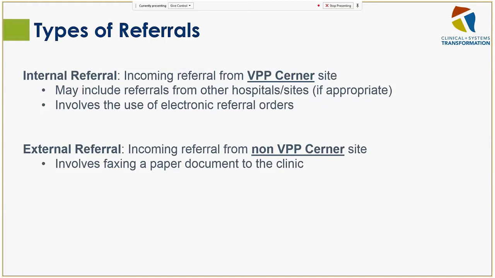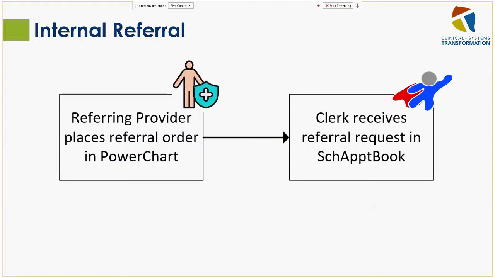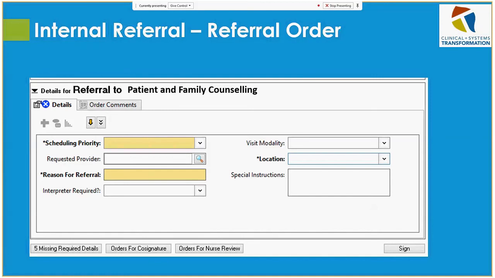So let's talk about internal referrals first. Essentially what happens is a referring provider, or I should say non-provider, places a referral order in PowerChart, and the clerk receives this referral request in Chatbook. The referral looks something like this. So this is the actual referral to patient and family counseling.